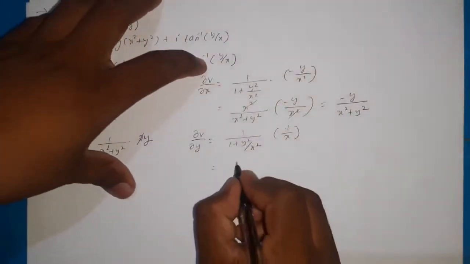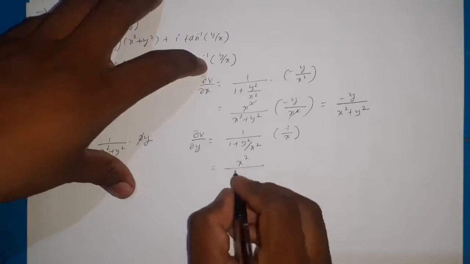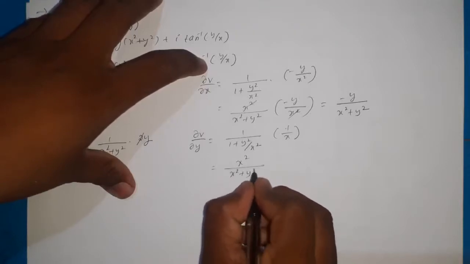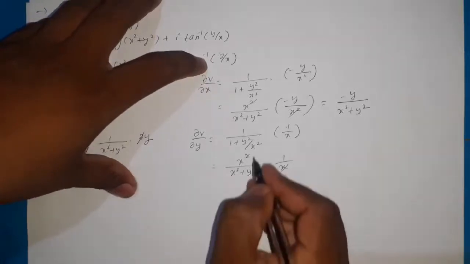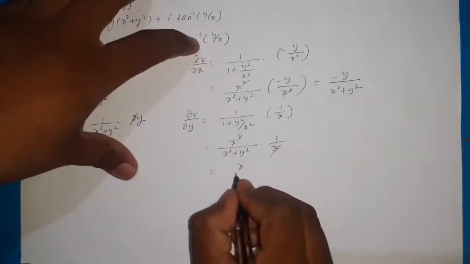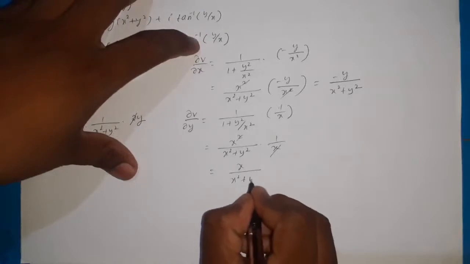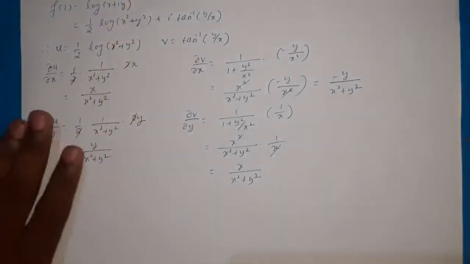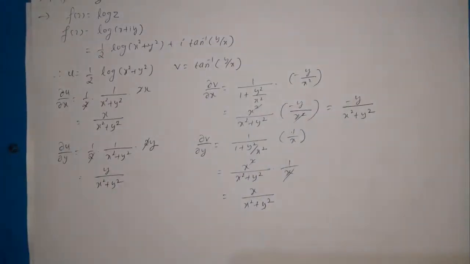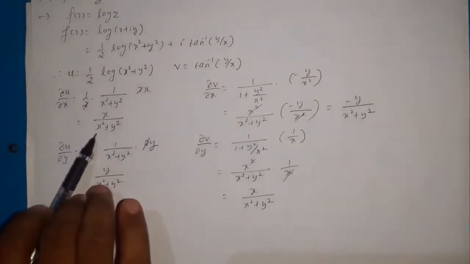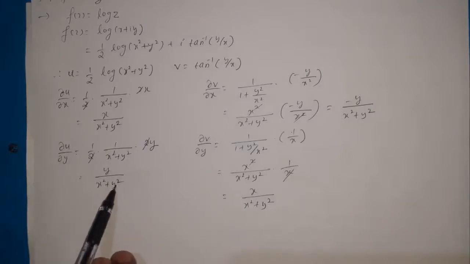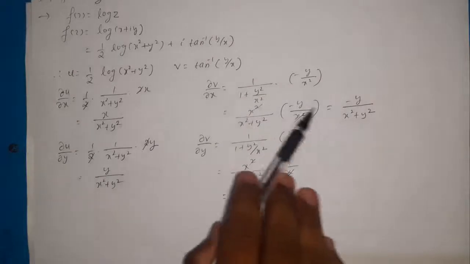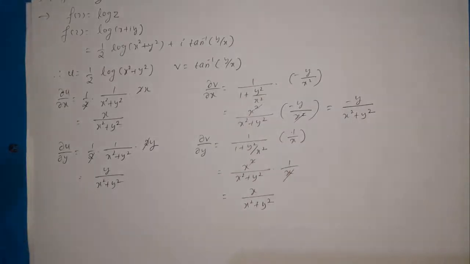Then it is equal to x² divided by (x² + y²) into 1/x. So here x and x get cancelled, remaining x divided by (x² + y²). Now here ∂u/∂x = x/(x² + y²), and ∂v/∂y is the same, and ∂u/∂y is y/(x² + y²), and ∂v/∂x is minus y/(x² + y²).